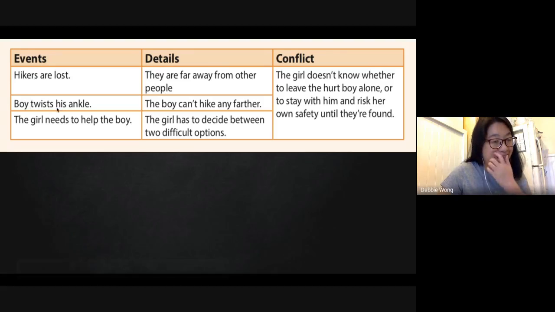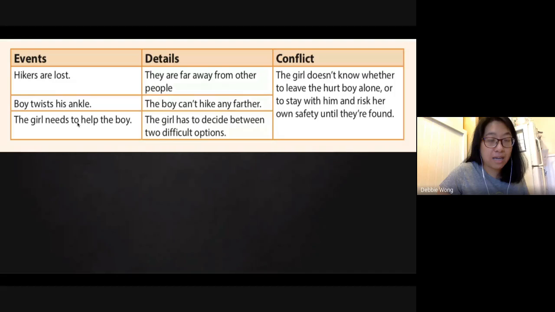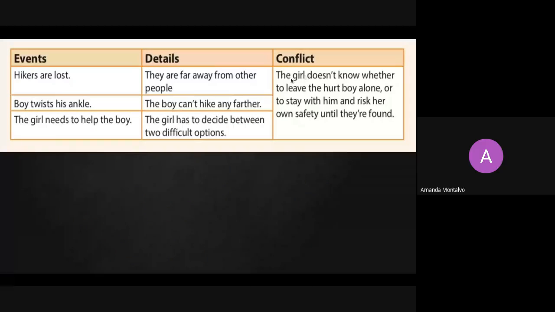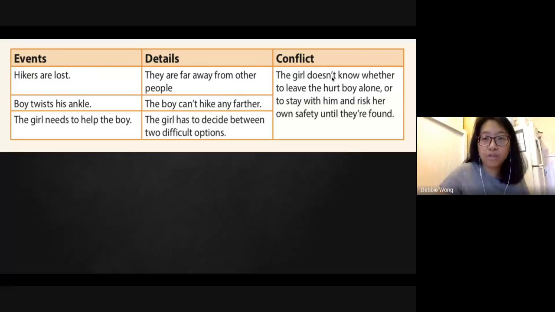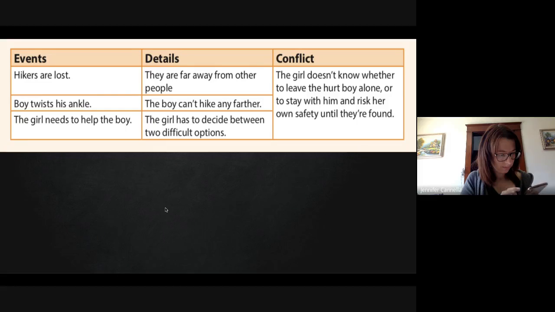The boy twists his ankle, so the boy can't hike any farther. The girl needs to help the boy. The girl has to decide between two difficult options. So what is the conflict? The girl doesn't know whether to leave the hurt boy alone or to stay with him and risk her own safety until they're found.